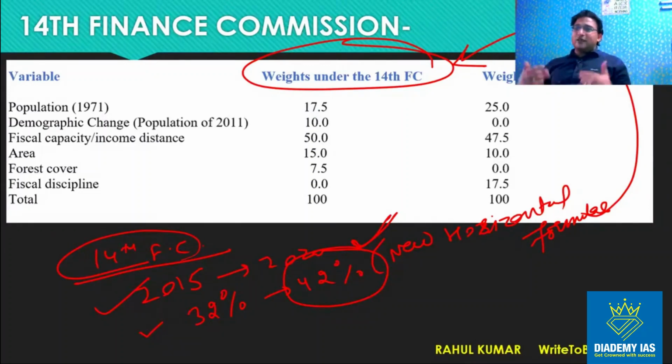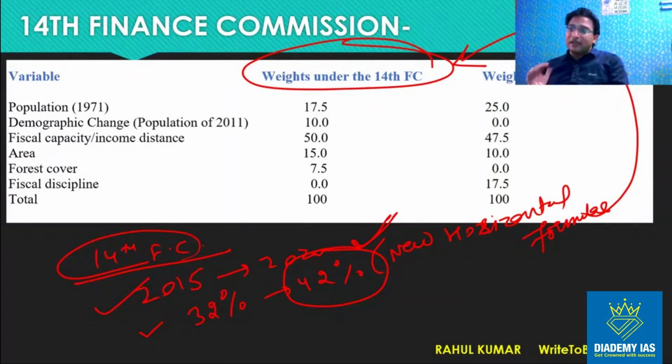Why this change? Because state government should have more autonomy, right? State governments were given the money through centrally sponsored schemes. Under centrally sponsored schemes, they used to comply with certain terms and conditions. Now, when they are receiving an extra 10% without any condition, the difference is, earlier states were receiving the money in the form of centrally sponsored schemes where there are terms and conditions.